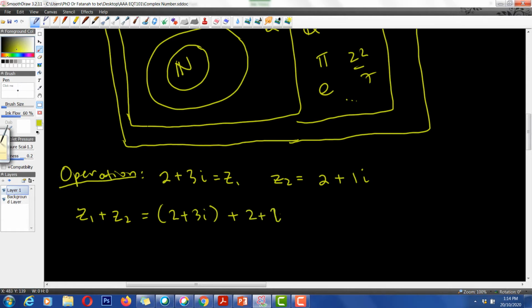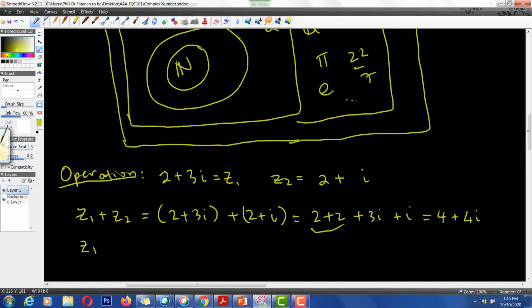If it is 1i, we just eliminate the 1 and put i. So we collect part A and part B. We have 2 plus 2, plus 3i plus i. So here we get 4, plus 3i plus 1i equals 4i.